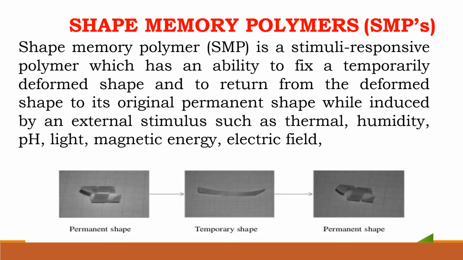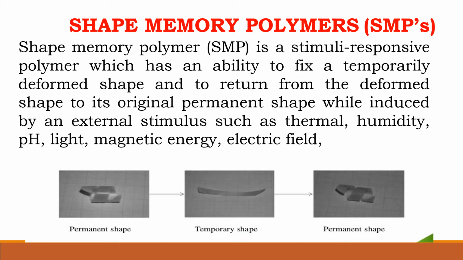So, polymers which are stimuli responsive and have the ability to change or fix from a permanent shape to a temporary shape by the application of external stimuli come under shape memory polymers. The external stimuli could be thermal, humidity, pH, light, magnetic energy, electric field, etc.